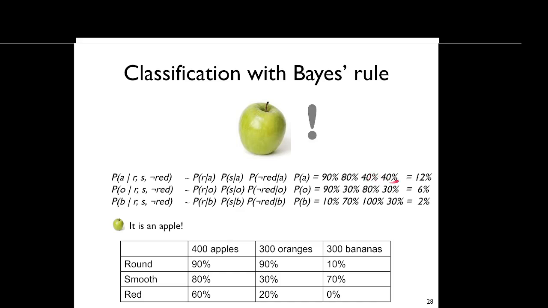And this 40% is something different. We had 400 apples out of 1,000 fruit in total, so it means 40%. We do the same for the other fruit too, and that gives us 12%, 6%, 2%, and that means from applying the Bayes rule to our data setup, we can infer the fruit that we're seeing here is an apple.